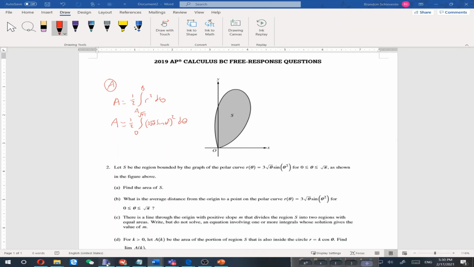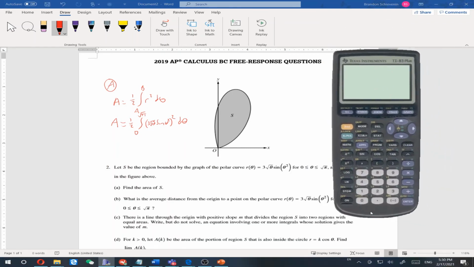Okay, so I'm going to keep this in the rectangular for now, just so we can get our integral there, and we'll type in 3 root x times the sine of theta squared.